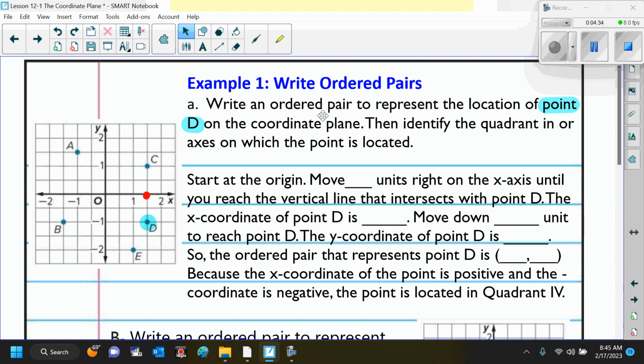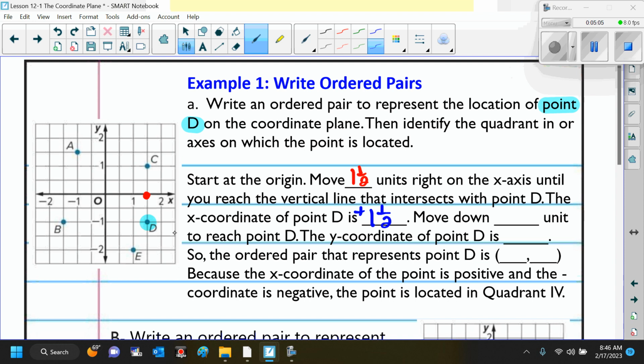So we want to go 1.5 units to the right, and if I'm going to the right, that's positive. That's the x-coordinate, so it's going to be positive since we went to the right. I'm going to write that in blue, a positive 1.5. You don't have to write the plus in front. I'm just doing that to stress that that's a positive.